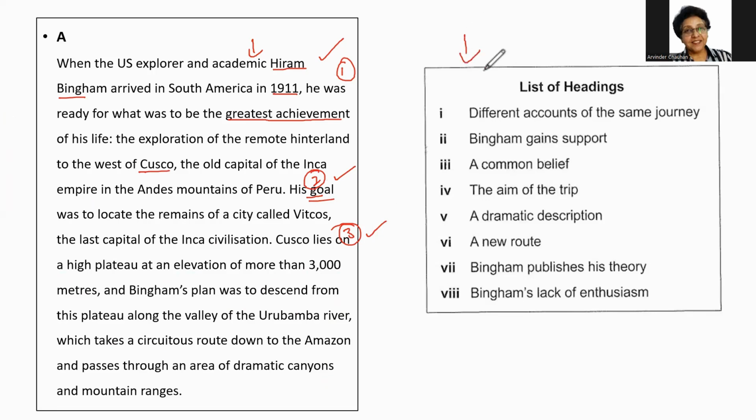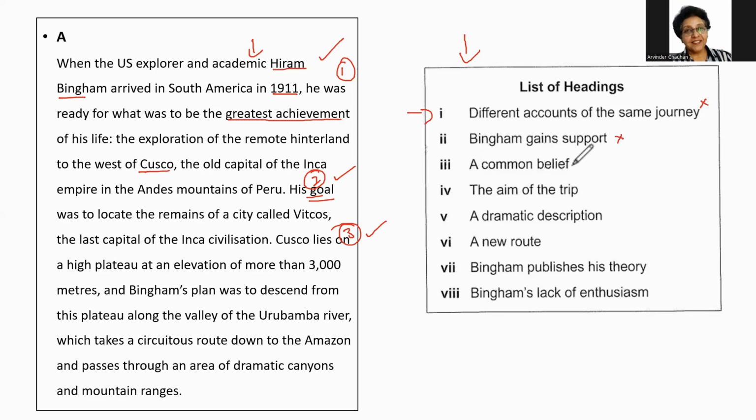Let's go to the headings and see which of the headings suits this particular paragraph. Let's look at the first one. The first one talks about different accounts of the same journey. Did we speak about different accounts of the same journey? No, not at all. This cannot be the answer. Bingham gains support. No. Did we speak about him gaining support? No, not yet.